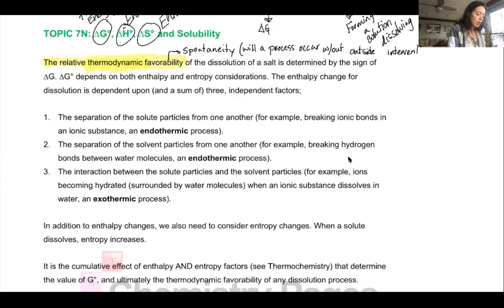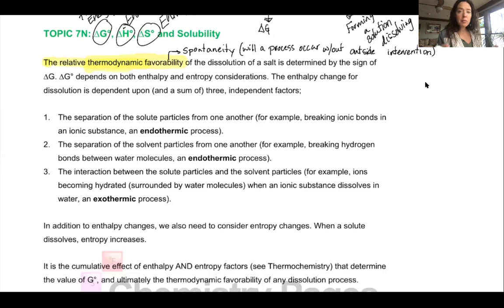Will it occur spontaneously on its own or not? That's what thermodynamic favorability means. If it is thermodynamically favorable, we'll talk more about that later, then the process will occur without outside intervention.